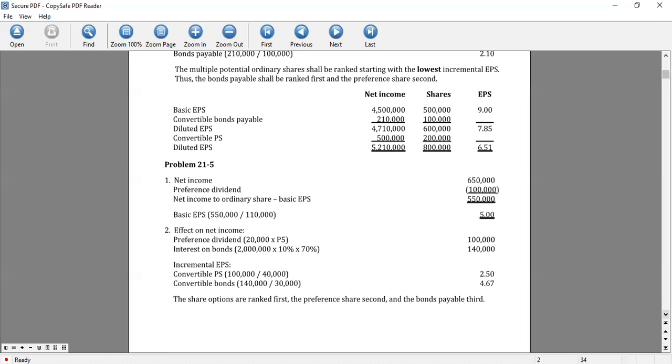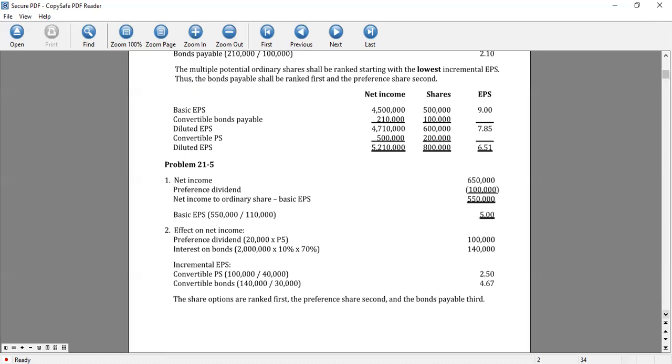So we have now the 70% portion that should be considered as interest on bonds. So computing now for the incremental EPS, we have to divide the 100,000 convertible bonds interest by 40,000 shares. We get 2 pesos and 50 centavos.